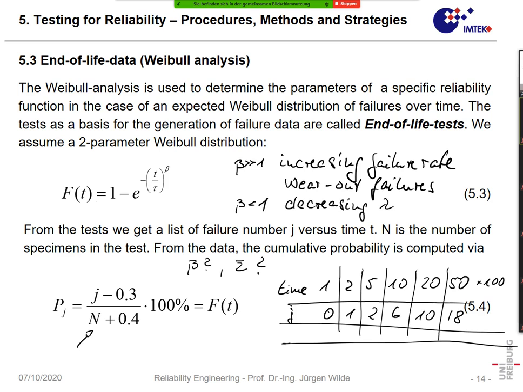And now using that formula, we can say that is a small correction factor we use, and in that way the failure function can be computed. When we say in percent, of course that's 0%.